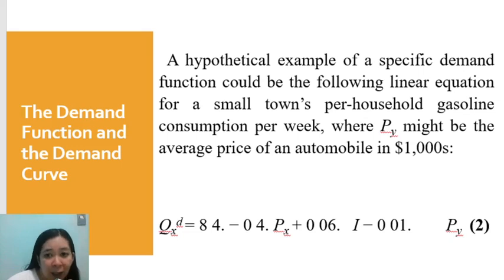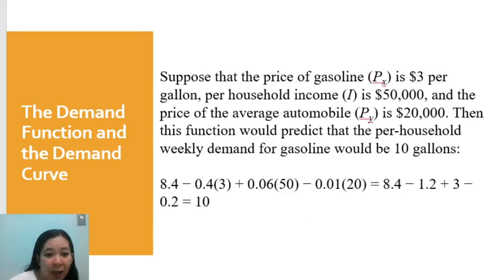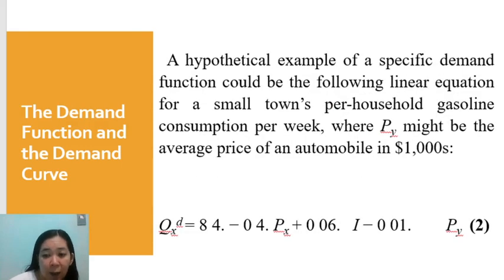So a hypothetical example of a specific demand function could be the following linear equation. For a small town's per household gasoline consumption per week, where P sub Y might be the average price of an automobile in $1,000, as presented in our equation number 2.